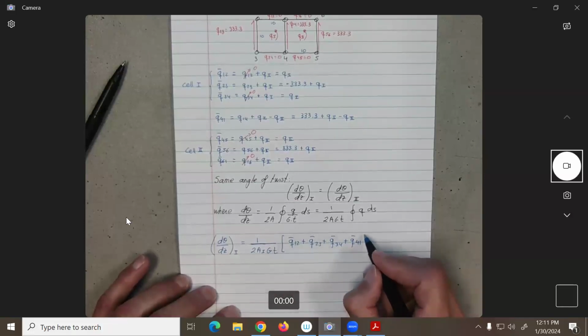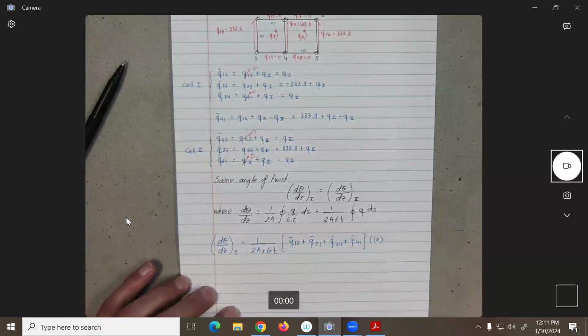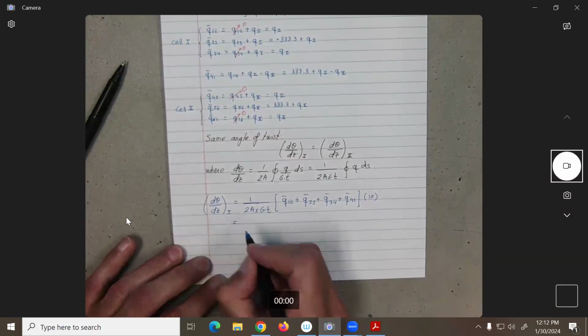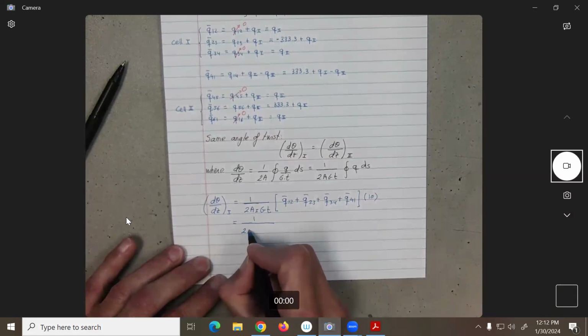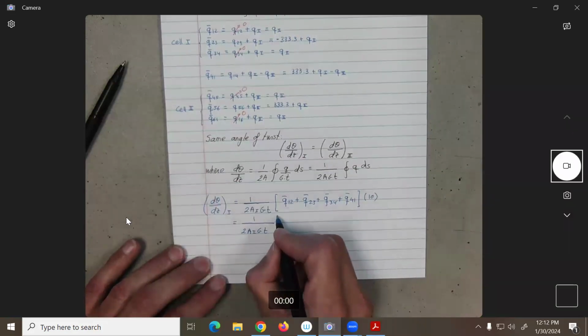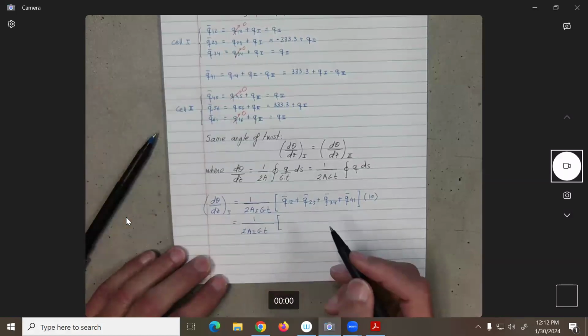Yeah? And all these ones should be multiplied by what? By S, which is 10, no? Okay. So now comes the part that is still helpful. So we're going to have over here 1 over 2 A1 GT times what? Hopefully I'm able to put everything in one line.